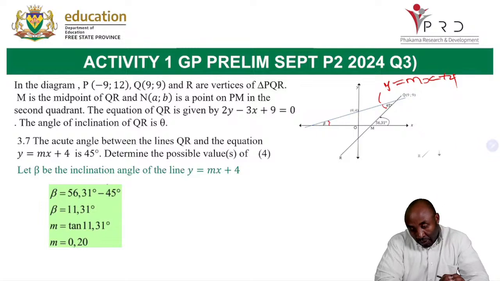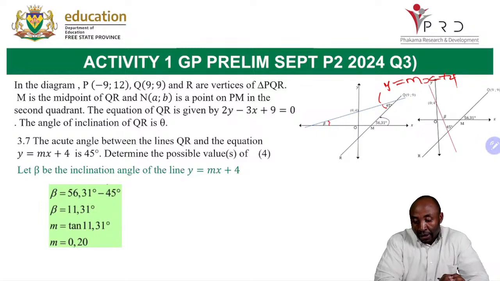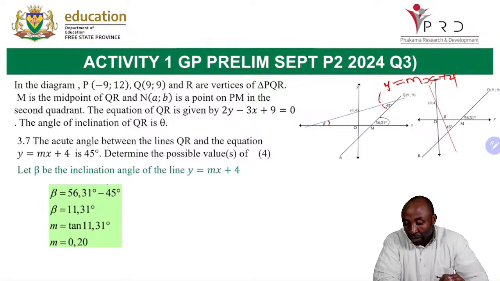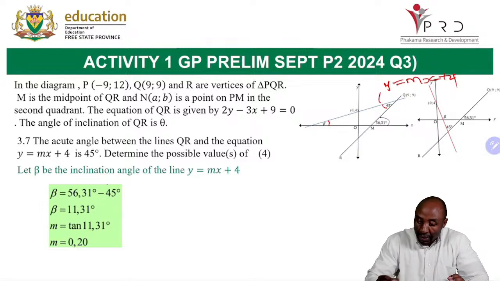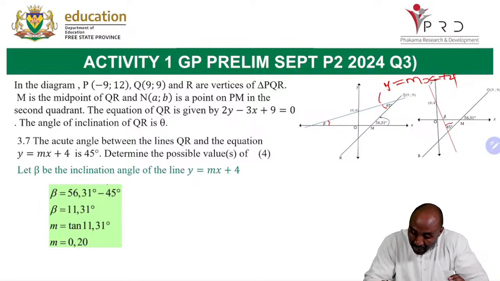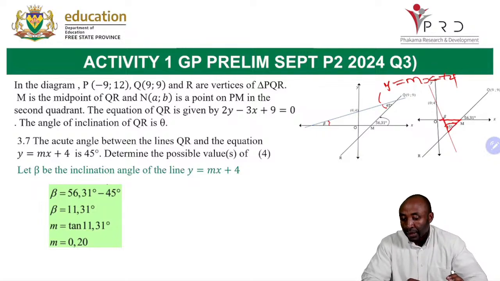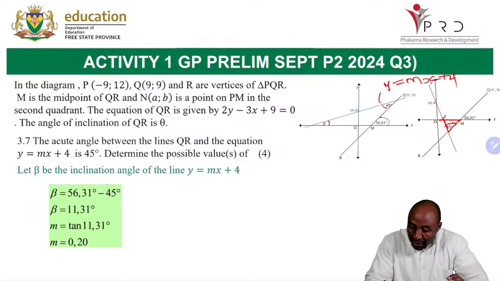Or alternatively, we can say the acute angle between QR and the line is still 45 degrees. But we calculated our angle of inclination for the line QR, which means if you check, you have that small triangle there. And you are able to see that this angle here will also be 56,31 degrees.